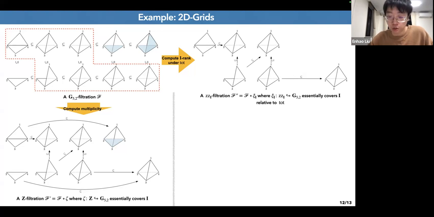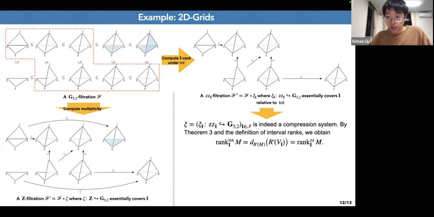So yeah, also easy. And you might notice that, again, such a cover is indeed a comprehensive system, and we have this coincidence: the rank of I under the total system equals the rank of I under ZZ.